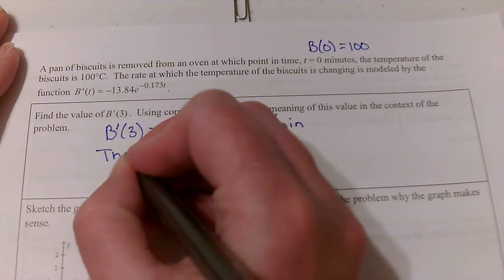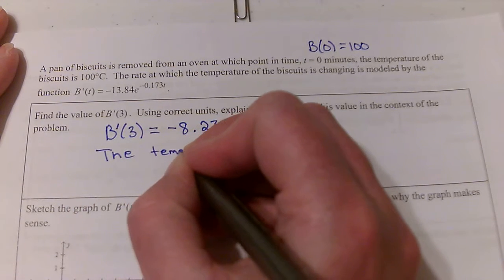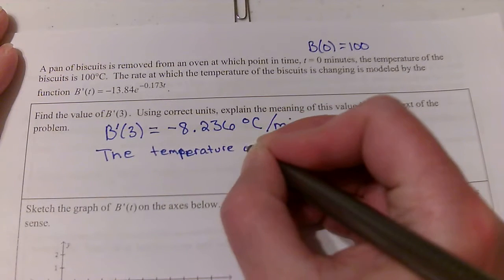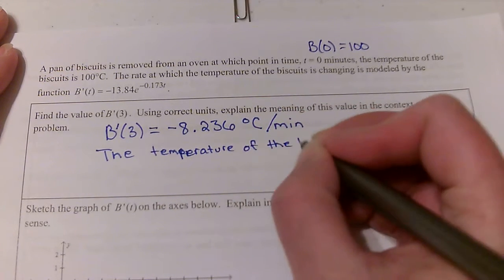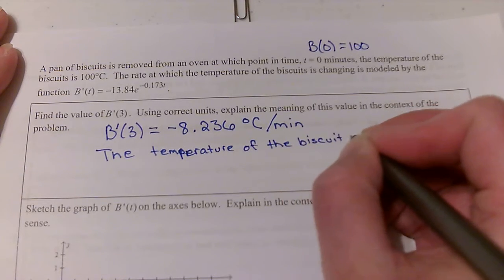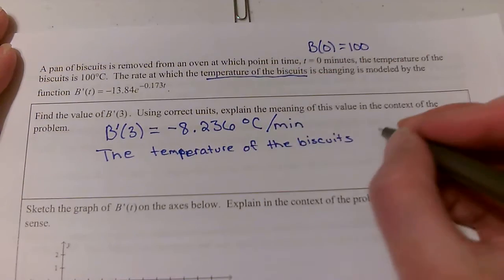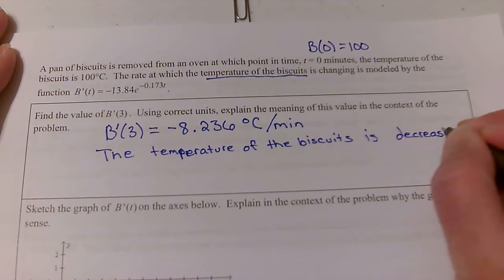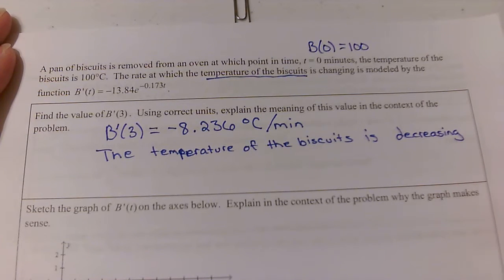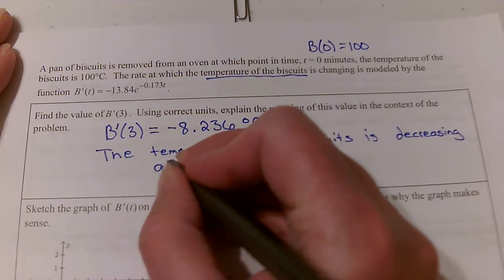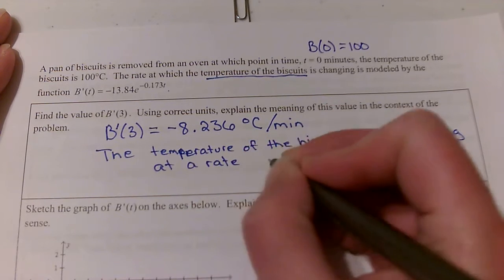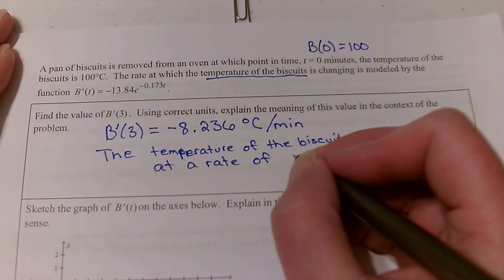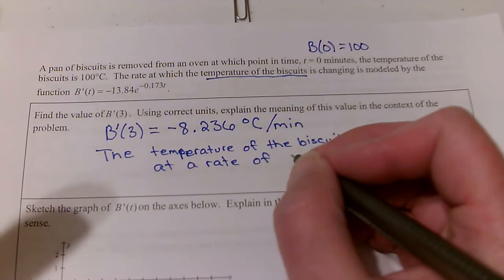So this means that the temperature of the biscuits is decreasing because it's negative at a rate of, since I've already said decreasing, if I put negative here, if you're decreasing by a negative, then you'd actually be positive.